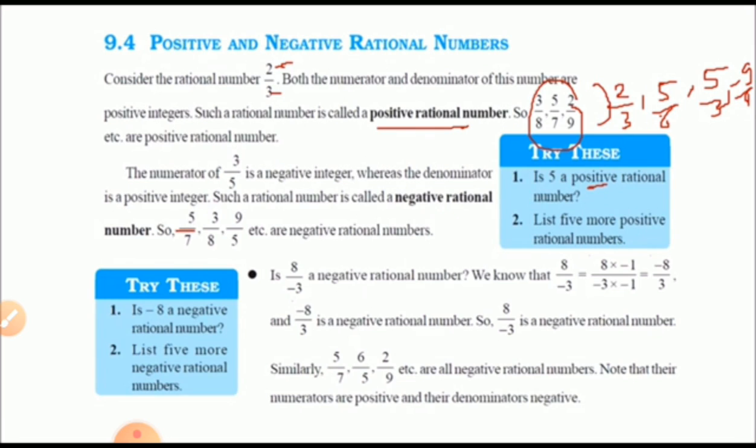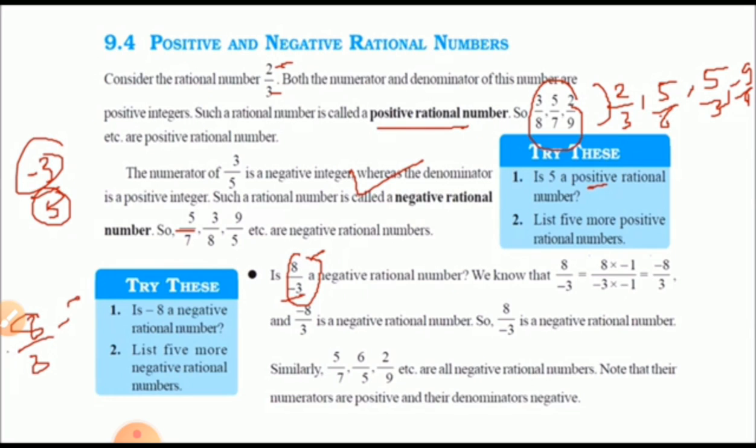Is 5 upon 7 a positive rational number? Yes, my dear student, it is right. See, is 8 upon minus 3 a negative rational number? Yes, we can know these things. How to get it? Very simple. We can multiply 8 by minus 1 and minus 3 by minus 1.